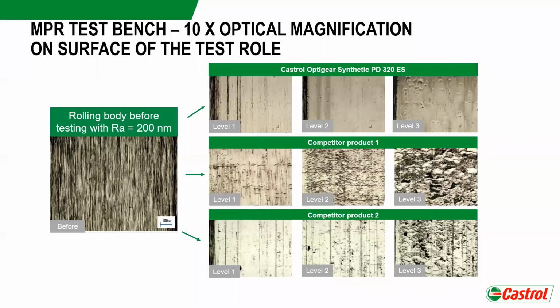As you can see with the competitor ones in the middle and on the bottom, you can see a greatly changed surface in load stage 2, latest in load stage 3, with a lot of surface roughness appearing. And this surface roughness that you can see in this recording is the gray flecking, the micropitting.